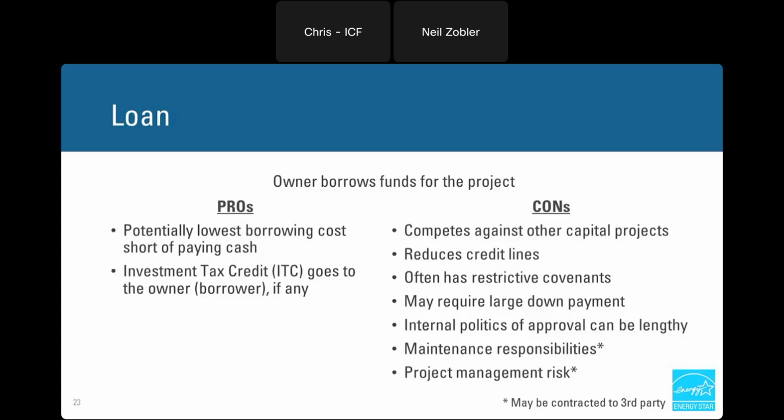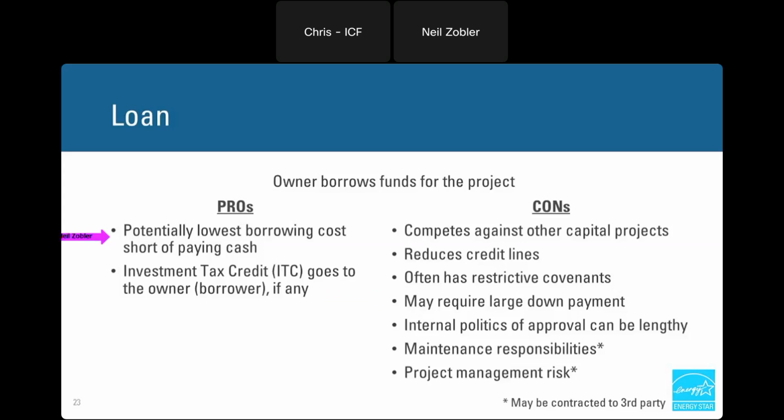So let's take a quick look at a loan. I think everybody on the phone here is familiar with a loan. Either you took out a loan to buy a home or apartment or a car or college, university. The pros: potentially lower borrowing costs if you're in the commercial world, short of paying cash.